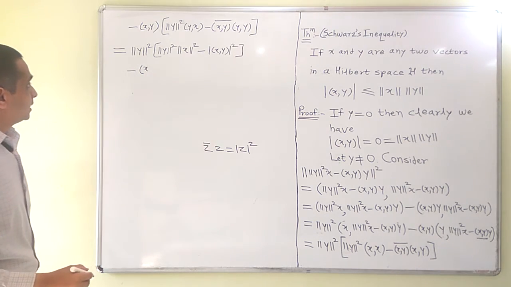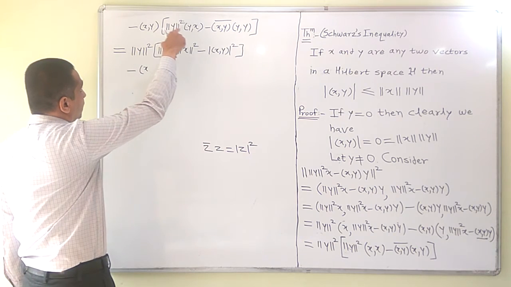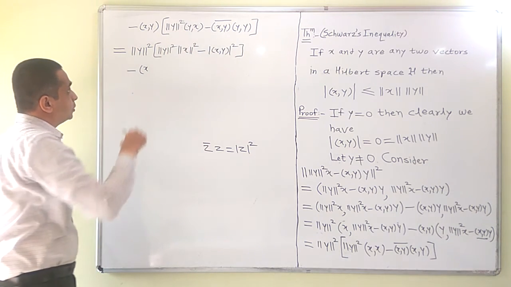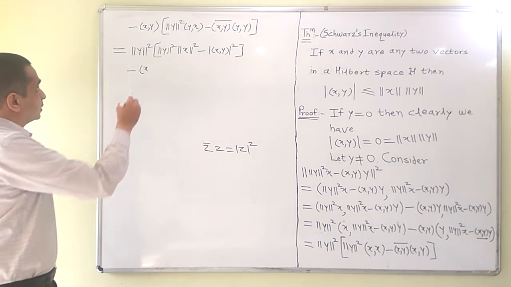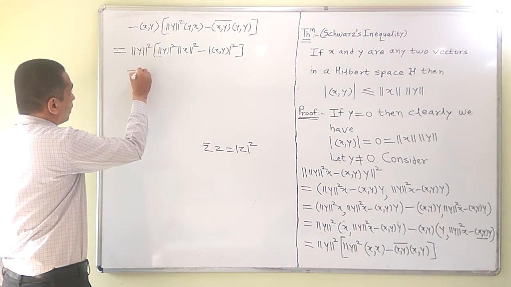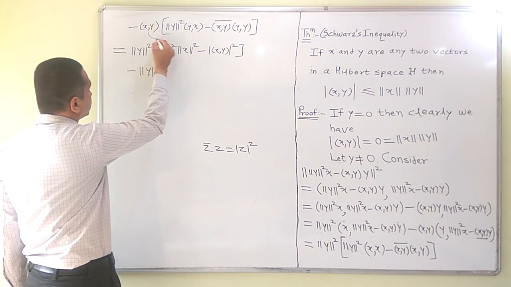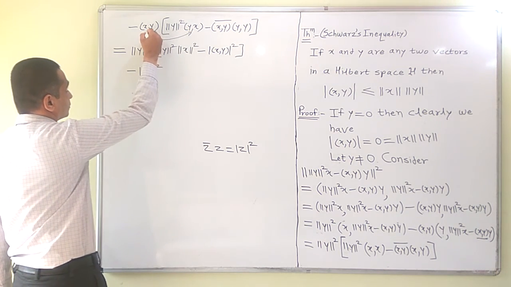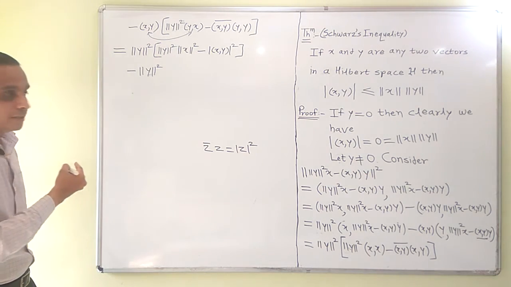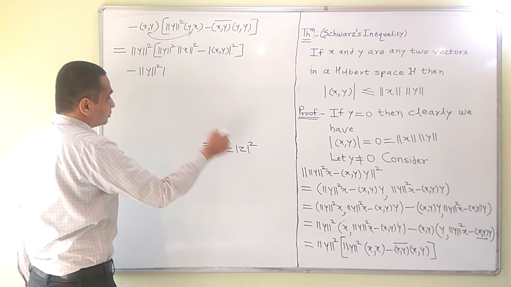So observe that xy and yx are conjugates of each other. So for this reason, this I could write as norm y square, and these are conjugates of each other. Hence, I will simplify it as z into z conjugate equals mod z square.